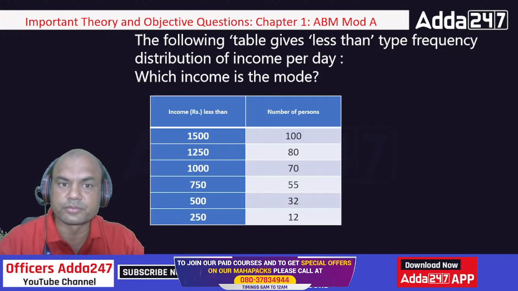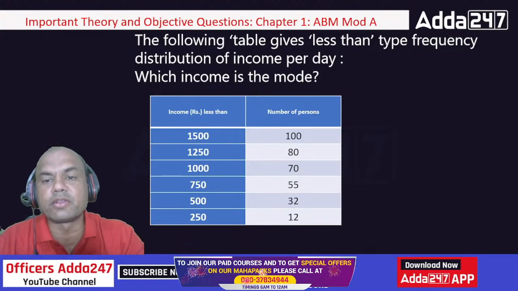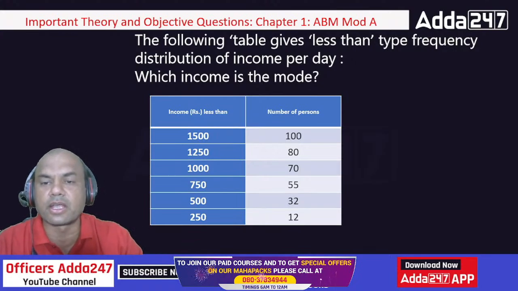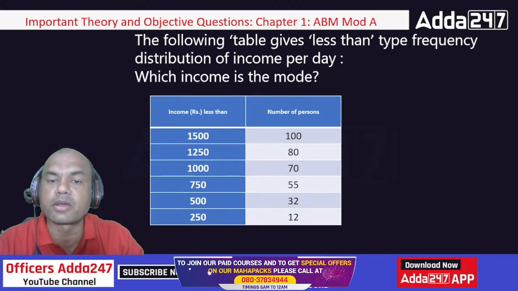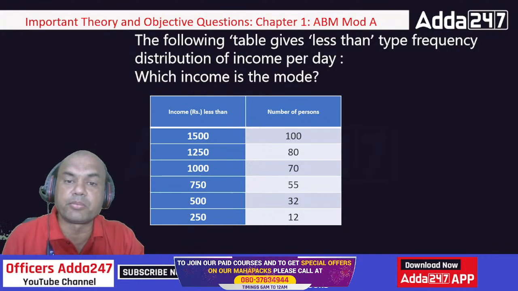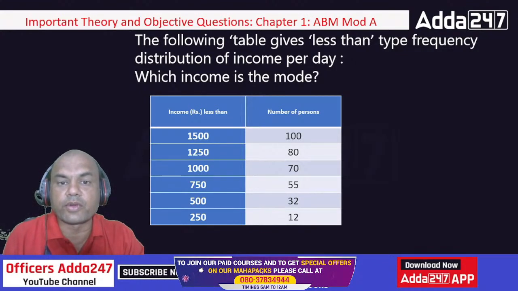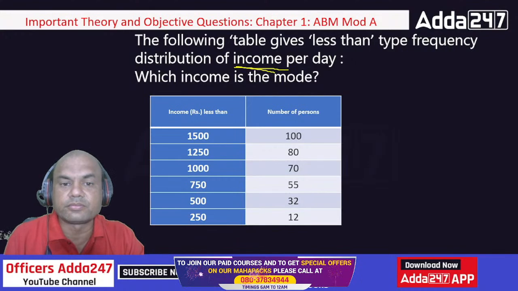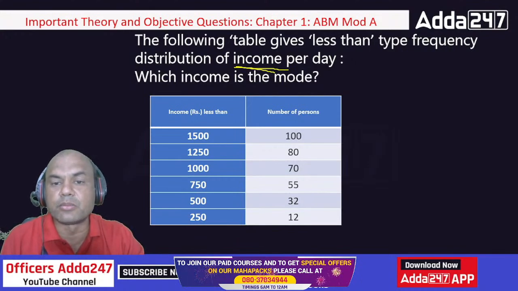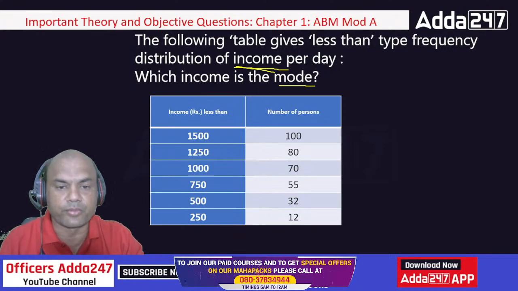The following table gives less than type frequency distribution of the income per day. So this is the income per day given. You have to find which income is the mode. So firstly understand what is the mode.